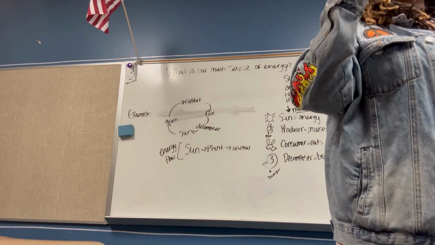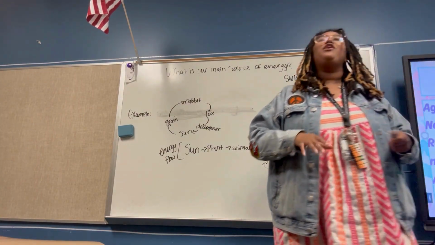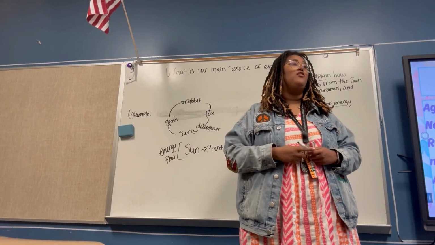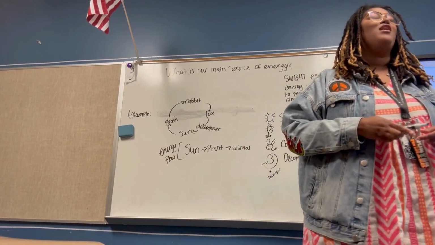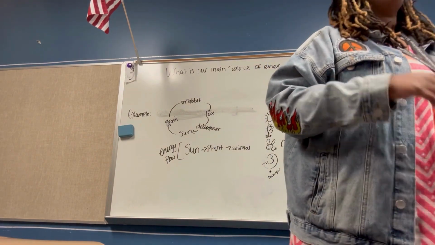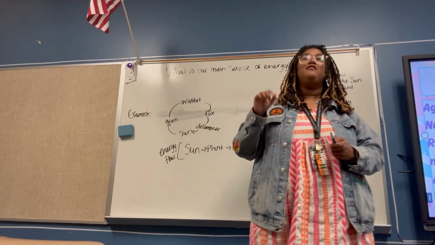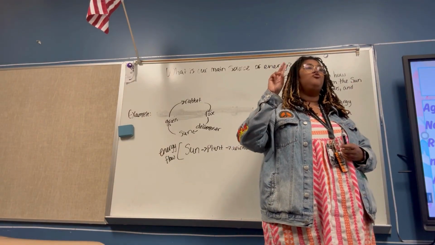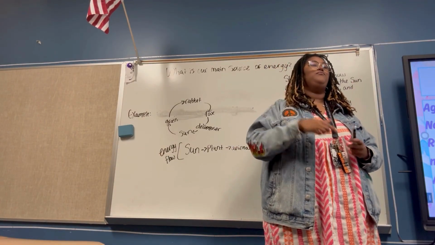I want you at a voice level 0, and I know you're working when your pen is moving, or your expo marker, sorry. So again, the question is, what is the main source of energy? 1 minute, starting in 3, 2, 1.